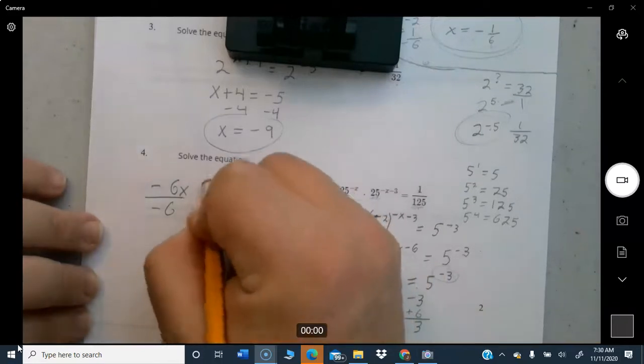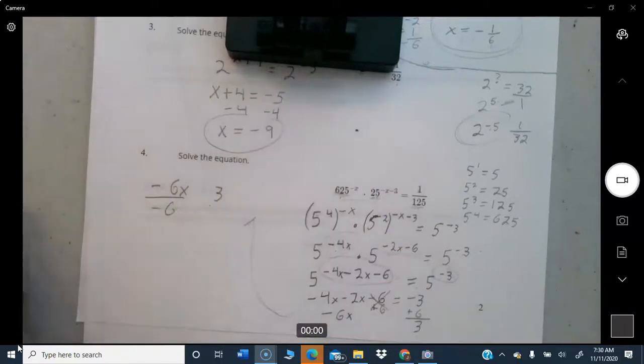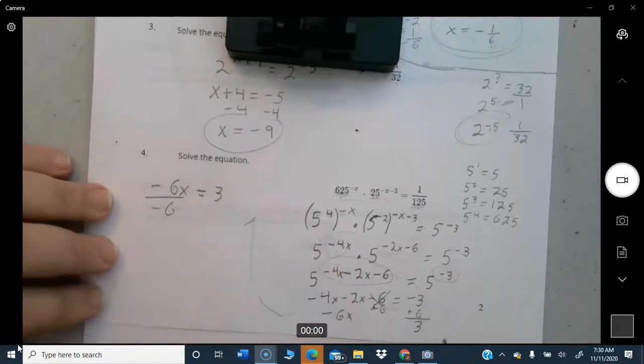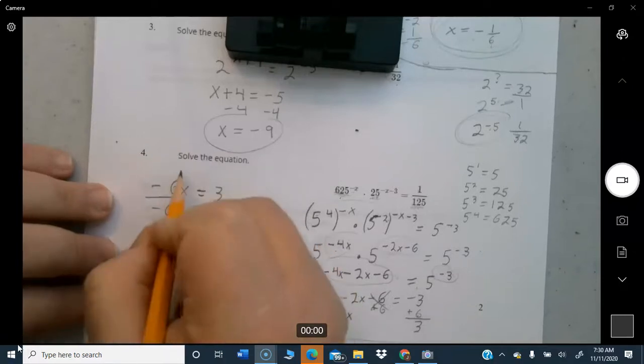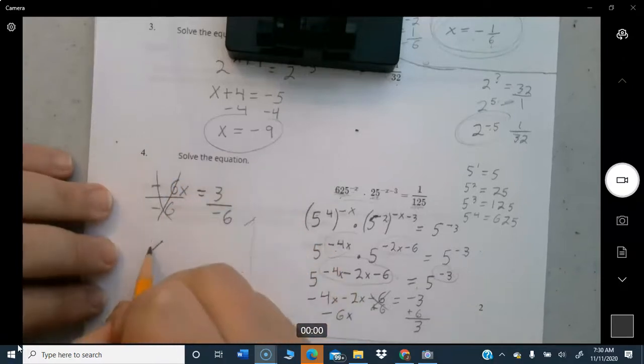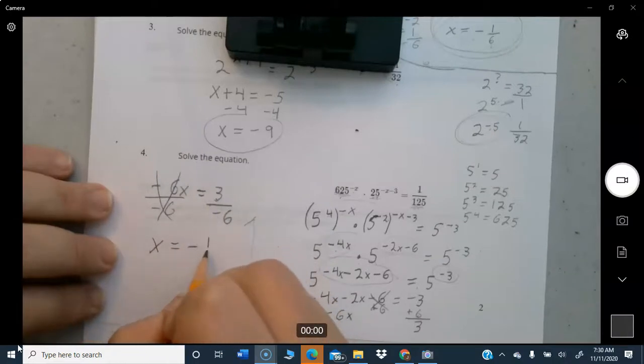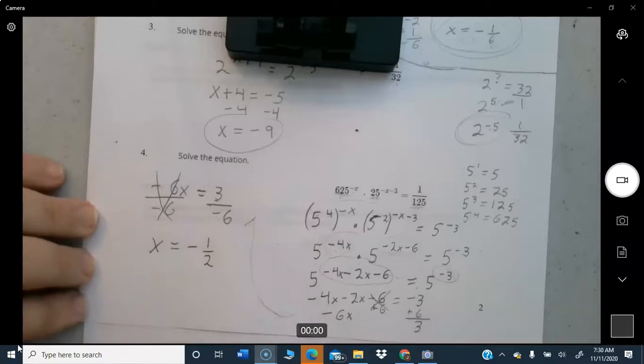Equals 3, negative 3 plus 6 is 3. Okay, and divide this by negative 6. This cancels out, the negative 6 is there, and you've got x equals 3 over 6, which is 1/2 with the negative sign, so it's negative 1/2, okay?